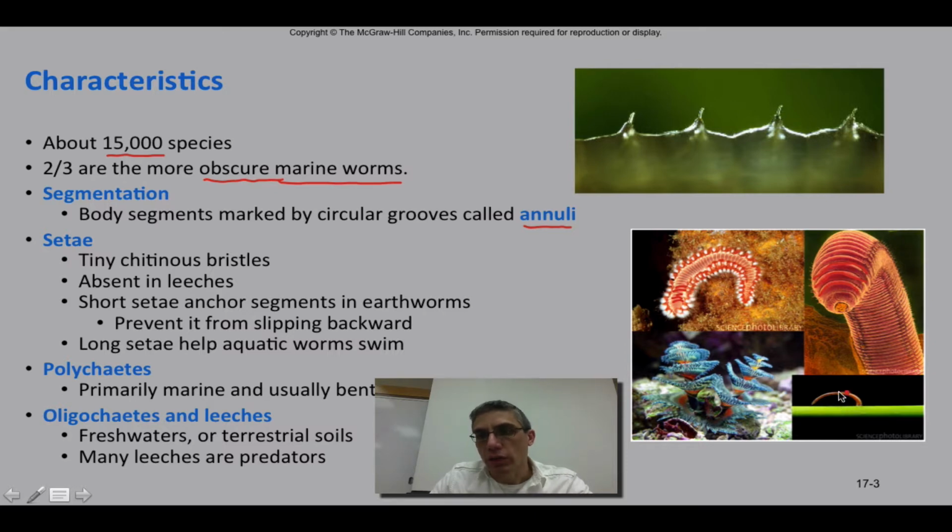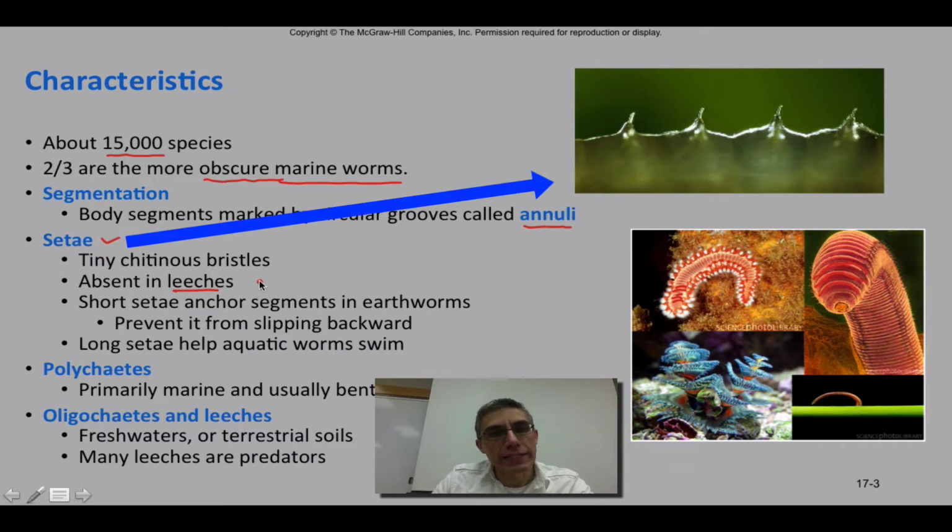Down here we have a leech, so it's hard to see the annuli here, and over here we have a tube worm. What you see right here are the gills of this worm, but if you were to look within the tube, they are made up of these annuli as well.